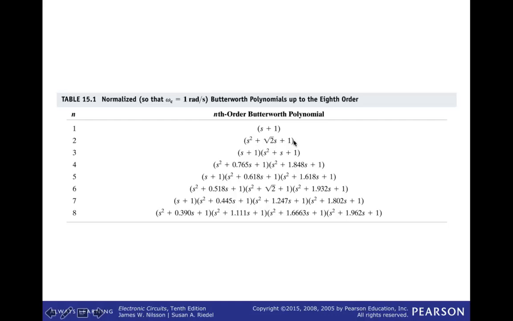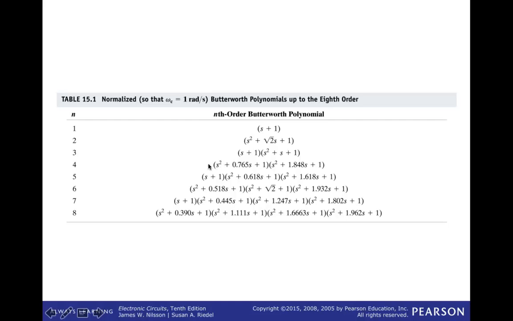The cutoff frequency is normalized to 1. The numerator will be 1, meaning it's going to be a unity gain filter. And it'll have the transfer function 1 over s squared plus square root of 2 s plus 1. For the third order filter, the transfer function will be 1 over this polynomial. For a fourth order filter, it'll be 1 over this polynomial.